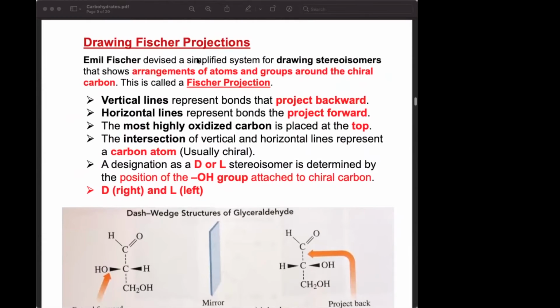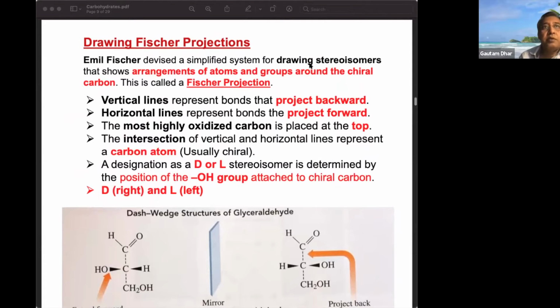Emil Fischer devised a simplified system of drawing stereoisomers. The vertical lines represent the bonds that project backward, and the horizontal lines project forward. The highly oxidized carbon is placed at the top, so the aldehyde group or the ketone group is at the top.